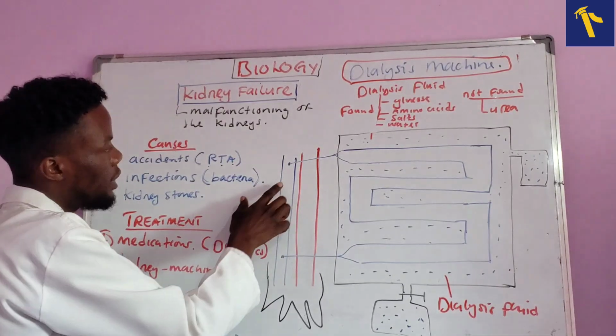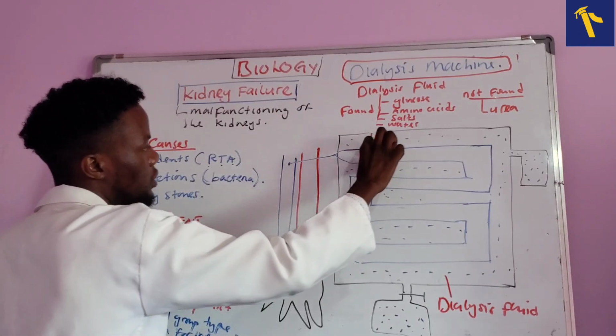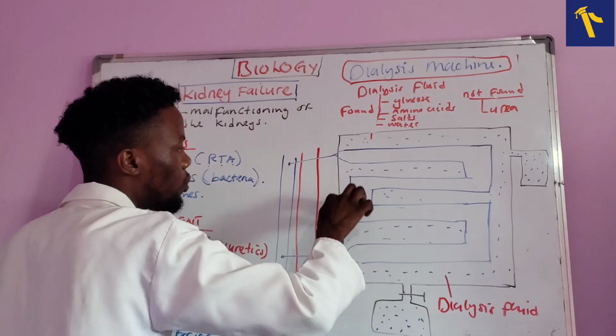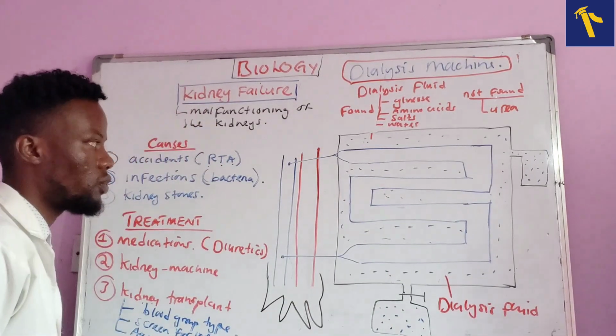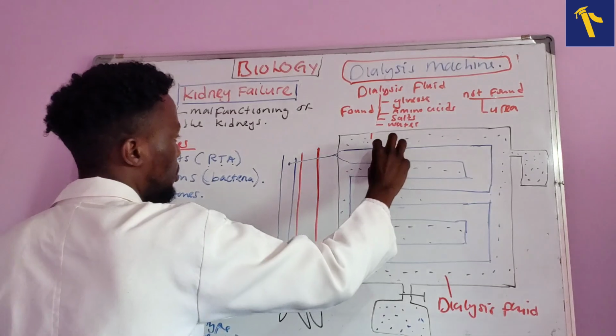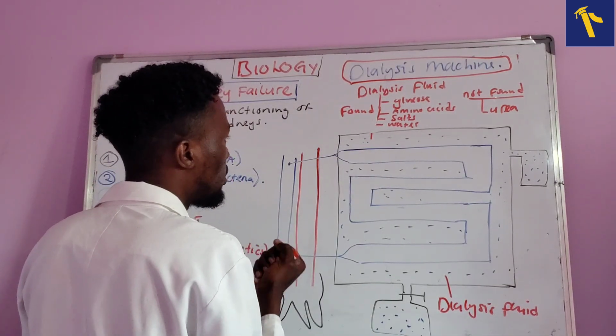Alright? So here, as you can see, we have this needle that is coming from this tube. Okay, we need to know the name of this tube, because you're going to be asked about that tube.